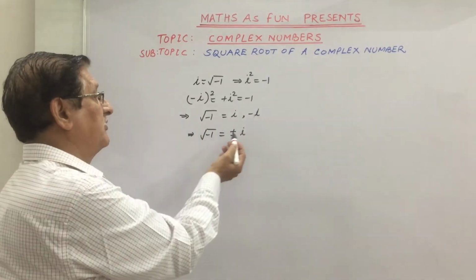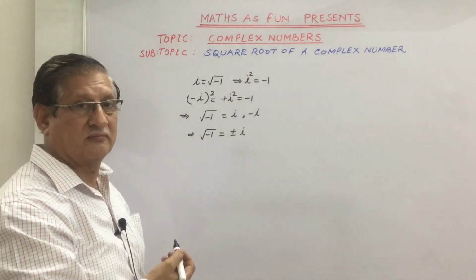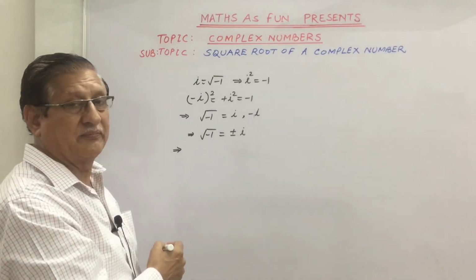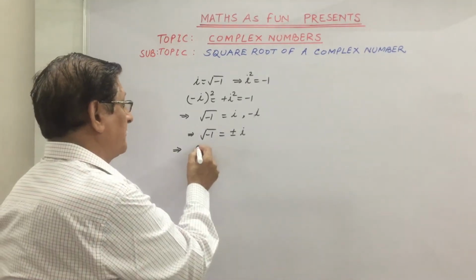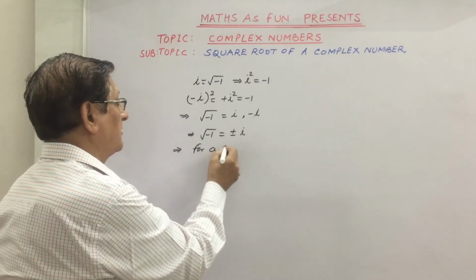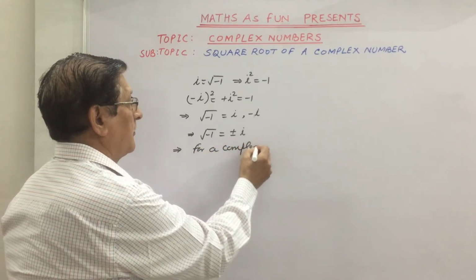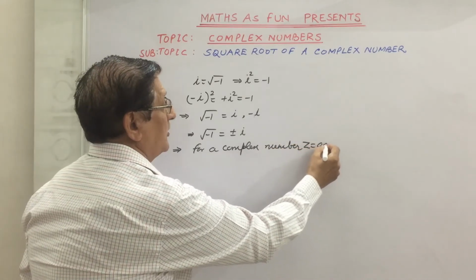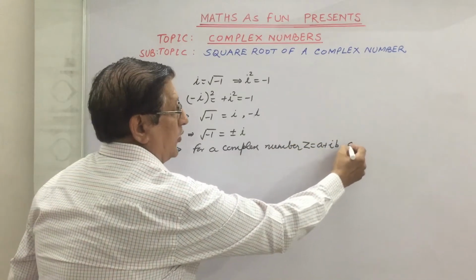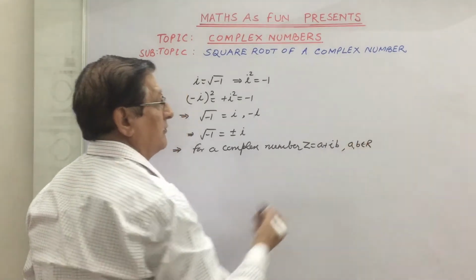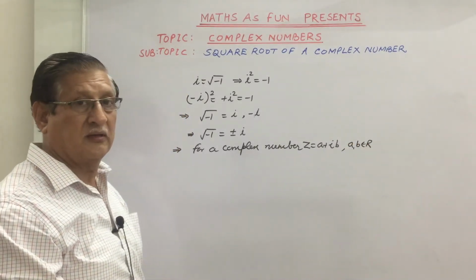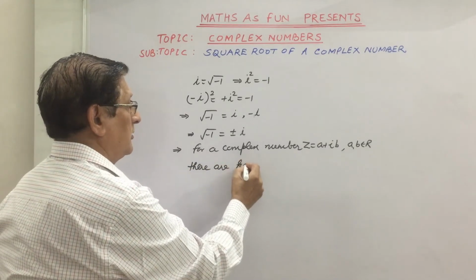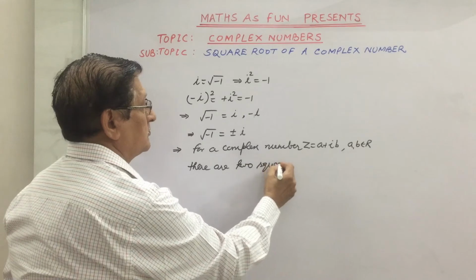For an imaginary number, we are getting two square roots. And that leads us to the concept that for any complex number z equal to a plus iota b, where a and b are real numbers, there are two square roots.